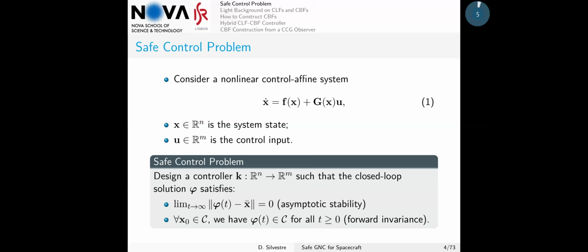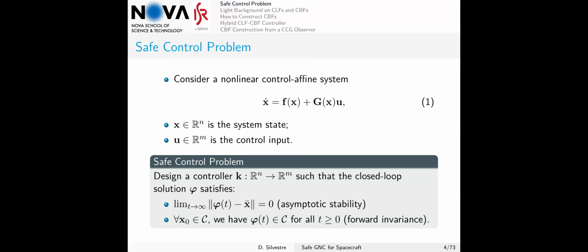So let me just briefly, all of you have seen these types of slides. We are considering a control affine system. I'm actually going to assume that this is written in strict feedback form, so we might just make explicit the relative degrees of these two functions f and g.